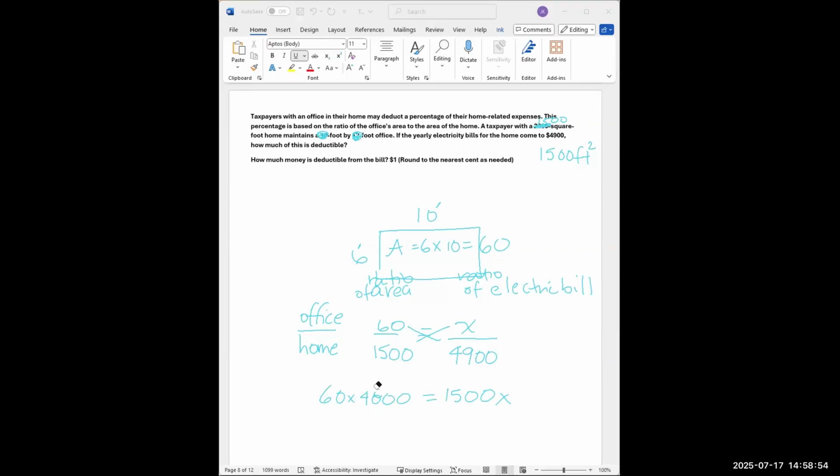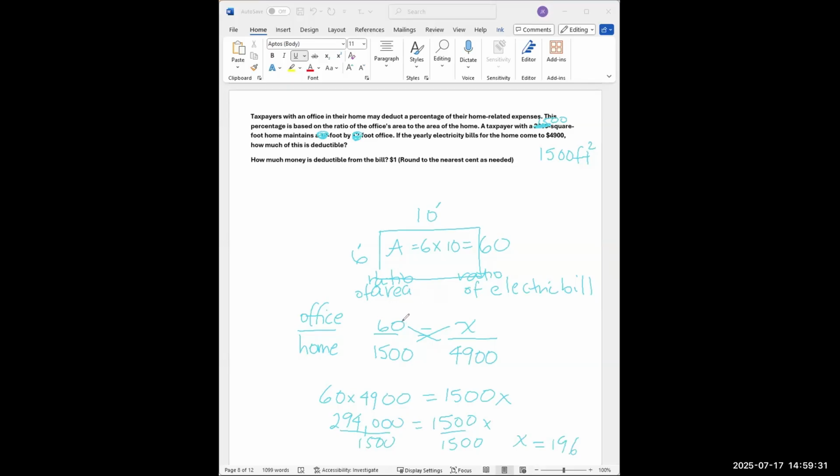Let's fix that. 60 times 4,900, I get 294,000. So now I just divide both sides by 1,500, and I get x is 196.